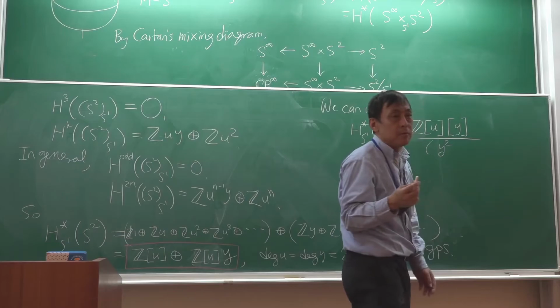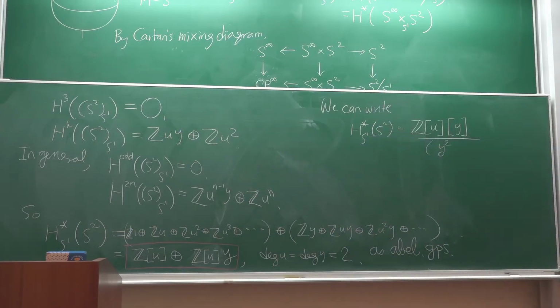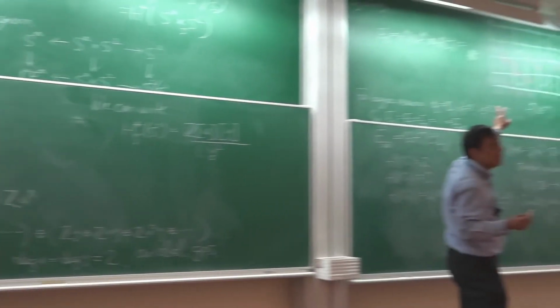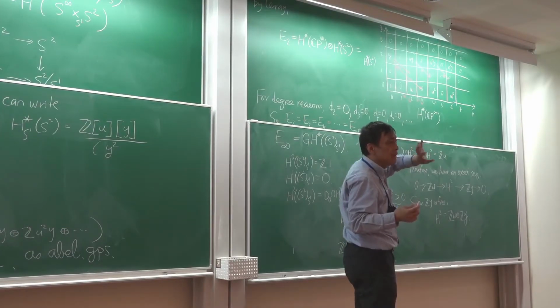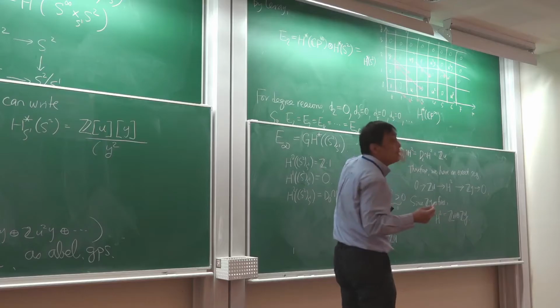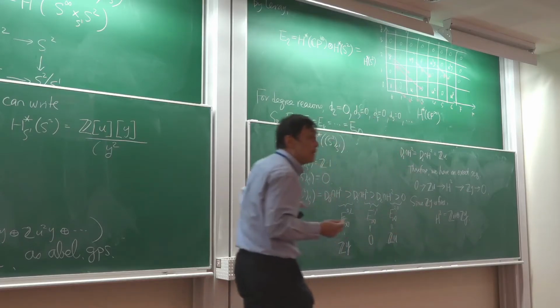We don't know what y squared is, okay? I mean, y squared is equal to 0 in the cohomology of S2. But y squared may not be 0, you know, in the cohomology of the total space.